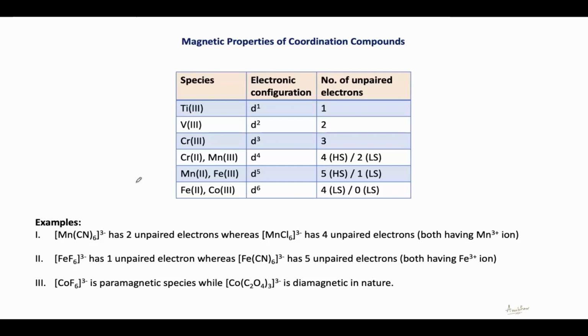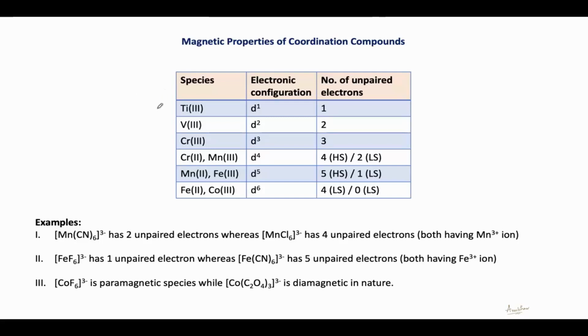The results can be used to obtain information about the number of unpaired electrons, and hence we can draw conclusions about the structure of the compound. So with the help of the magnetic property, we can predict the structure, or you can say the geometry, of the coordination compounds. Now, I have listed some species over here, and also the configuration, that will be helpful for you to understand. So firstly, we'll start with the species.